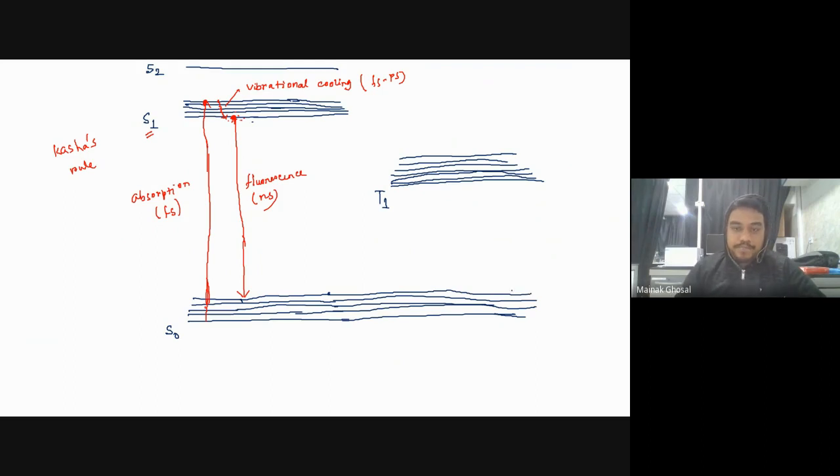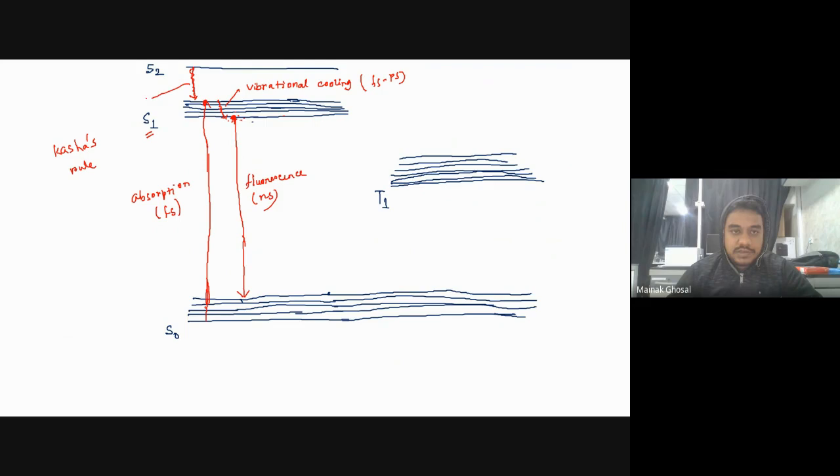Suppose I am setting it here. From here it can come here via a non-radiative process.